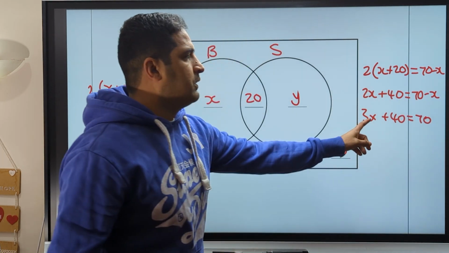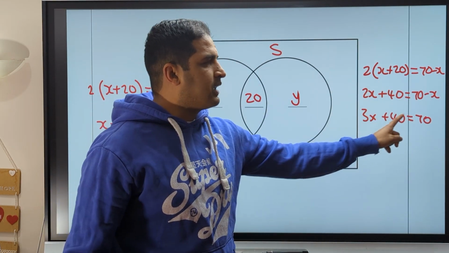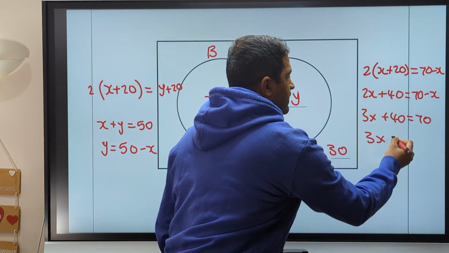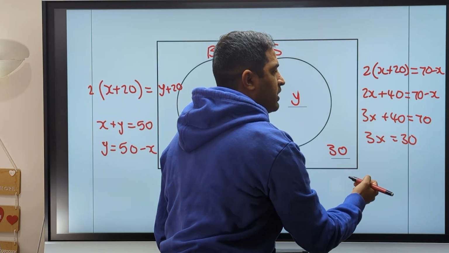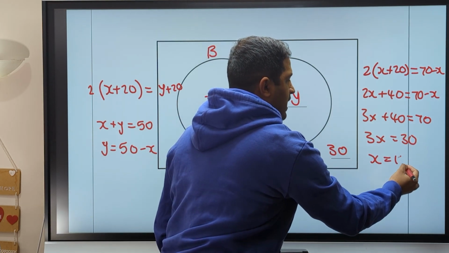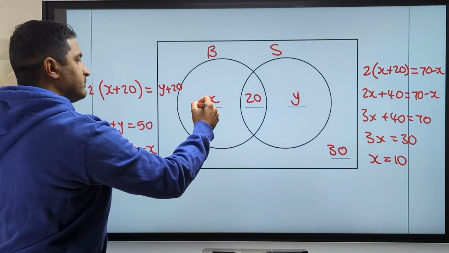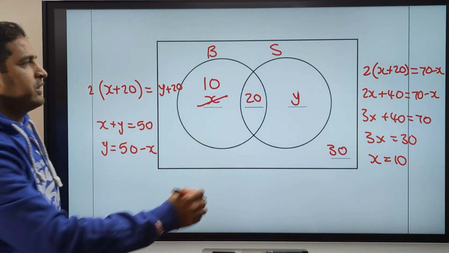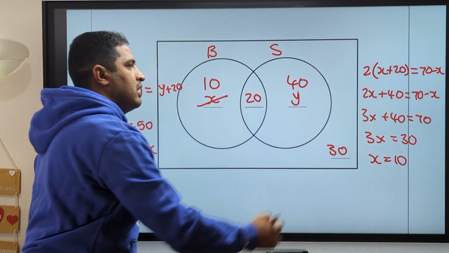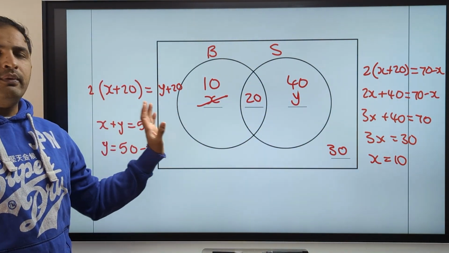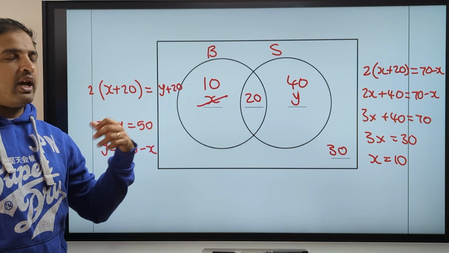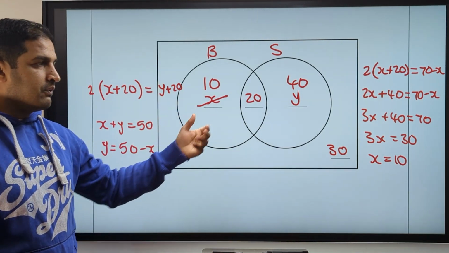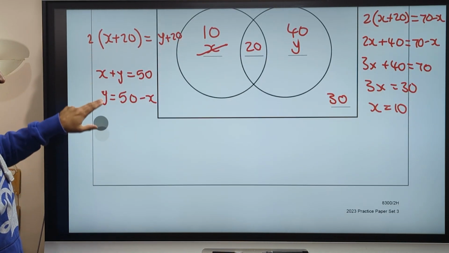So 3x is equal to 30 because we take away 40 from both sides. So x is 10. If x is 10, that means x plus y is 50, so y has to be 40. So we've done it properly, not leaving it up to the chance of doing trial and error. We used the information that we had to work out the answers.